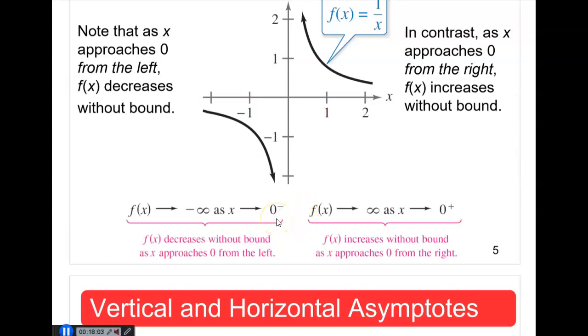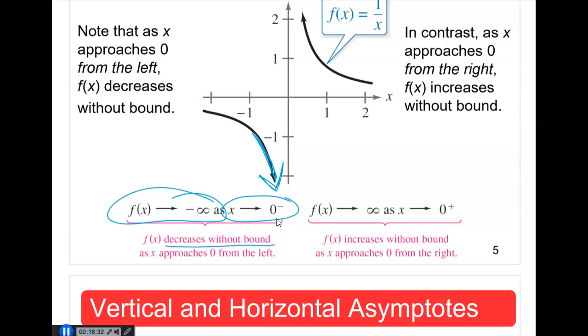So we have here as x approaches 0 from the left. Oh, this is the one that we already wrote down. So 0 from the left, that will be here. The function value approaches negative infinity, right? And we can also say decreases without bound.